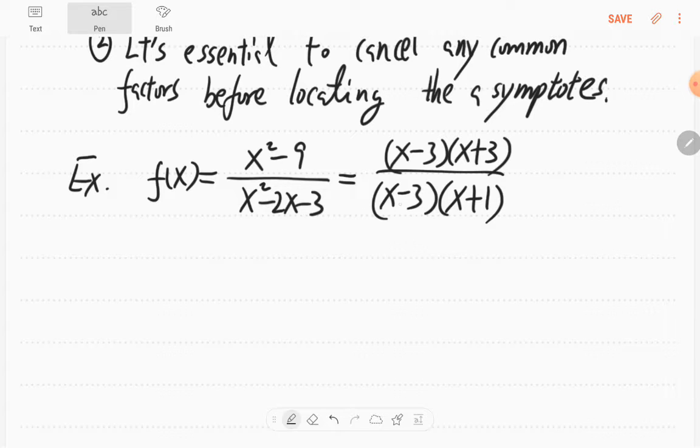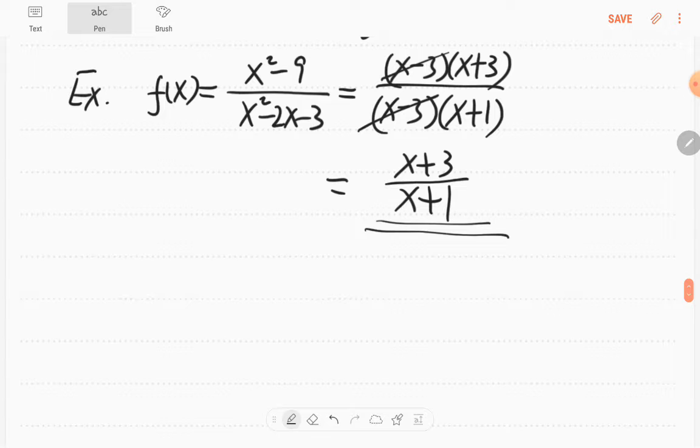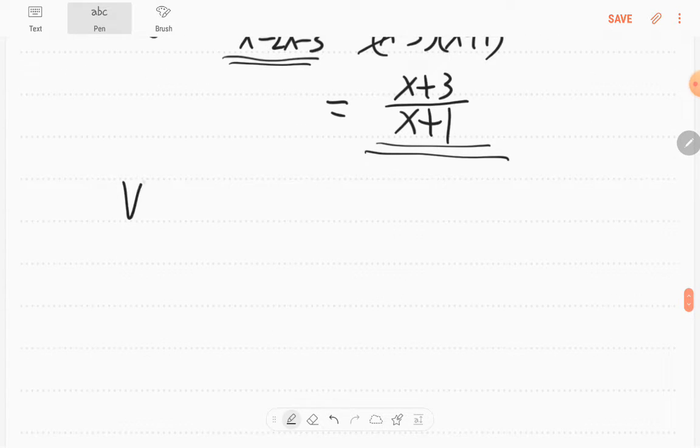We notice that x minus 3 is a common factor, so we cancel it out. So you have x plus 3 over x plus 1. Now let's locate the vertical asymptote using this one instead of the original. So the vertical asymptote is x equals negative 1.